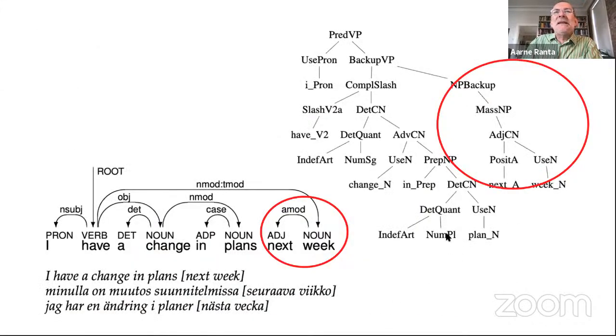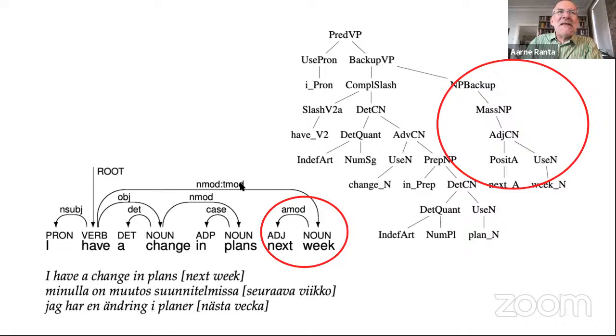So then we have extended the grammars with these backup nodes, which are kind of adverbial modifiers that you add to the tree anywhere where you can't really attach it properly. So here is an example of how it works. You have this English, I have a change in plans next week.